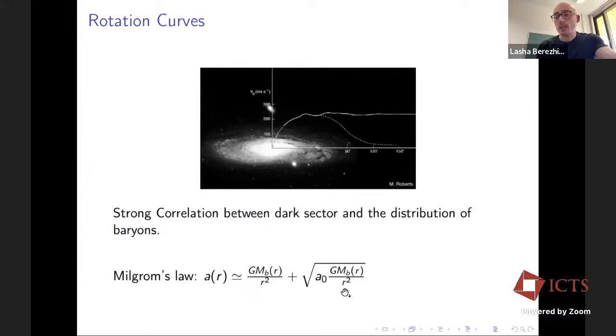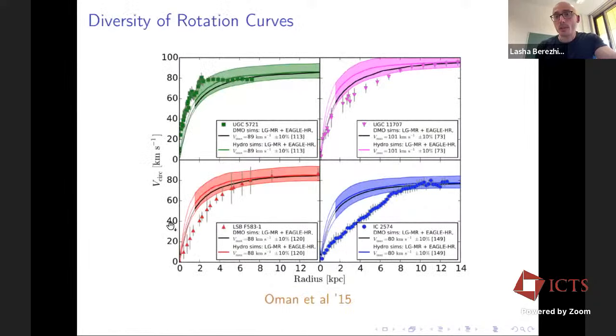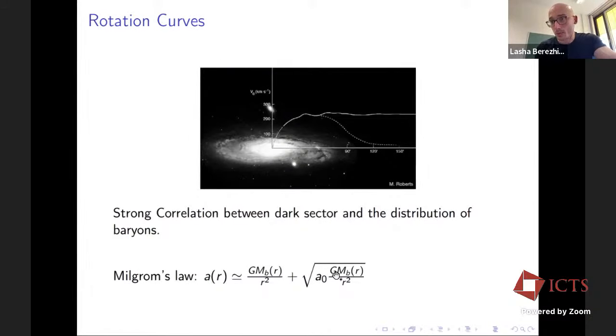Okay, so now this is simply an empirical relation, and the question is, what is responsible for this empirical relation? So here also all these rotation curves would be nicely fit by some relation of this sort.